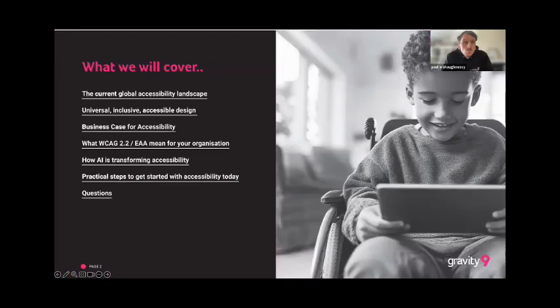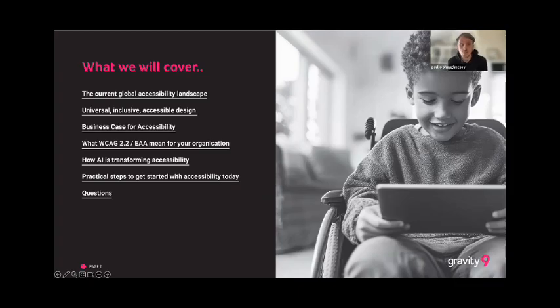For today, what we're going to cover, we're going to start off by taking a look at the current global accessibility landscape. We'll then have a look at what universal, inclusive, and accessible design mean and how they relate to each other. We will then go over the business case for accessibility.